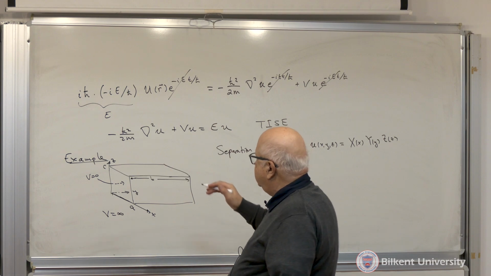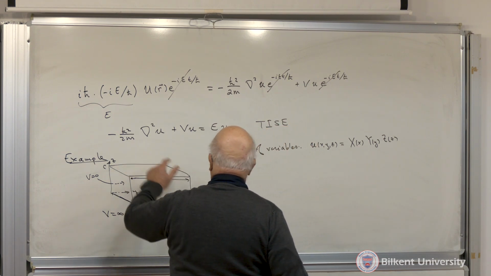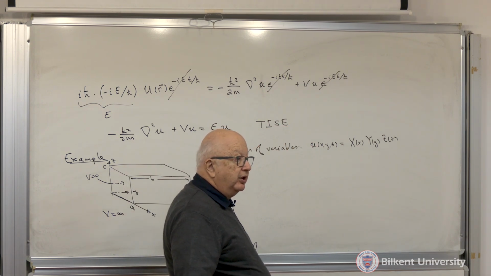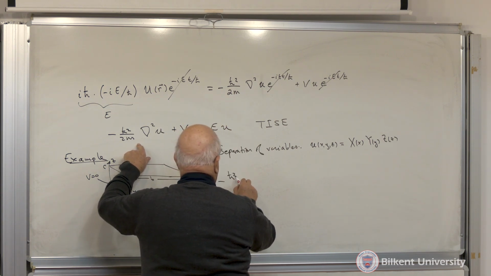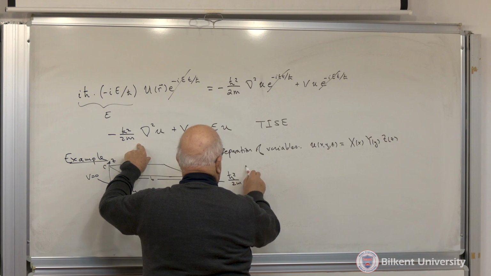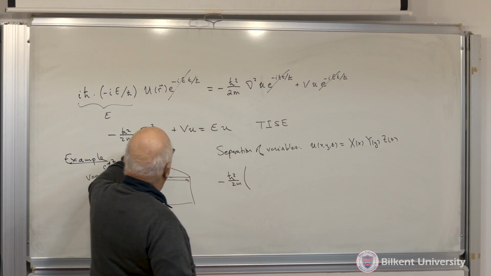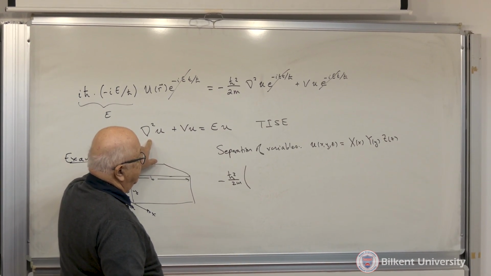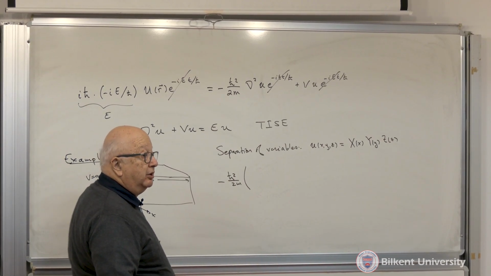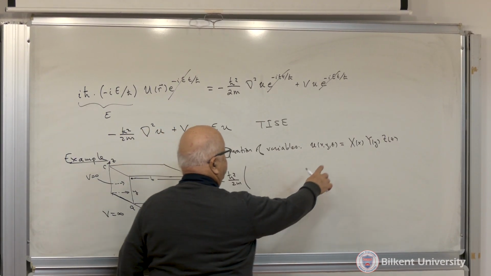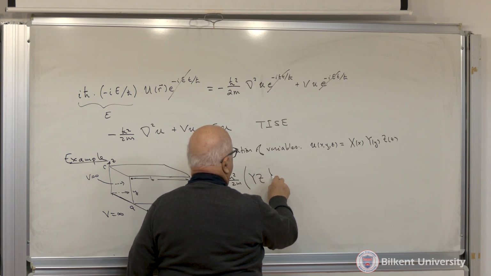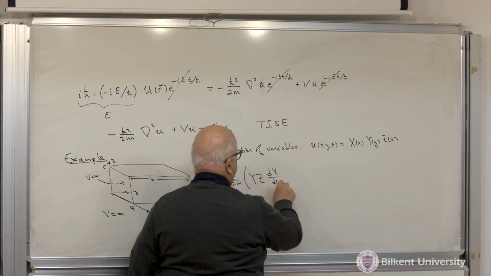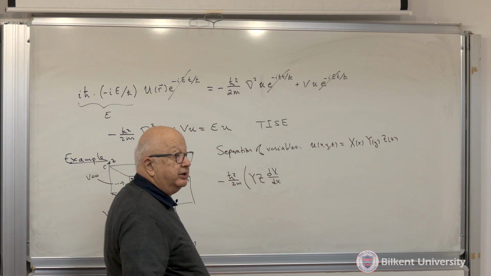And we put that into our Schrödinger equation. So what happens? Minus h bar squared over 2m. I have the x derivative of all of that, but only X will be differentiated.